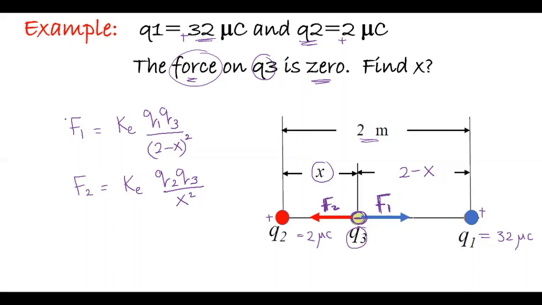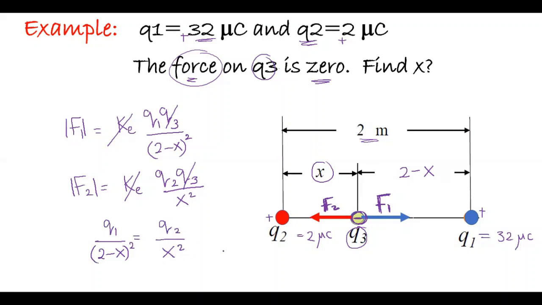So I'm going to say that the magnitude F1 equals the magnitude F2. If the two forces are equal, we can simply cancel KE with KE. We can cancel Q3 with Q3. We end up with Q1 divided by 2 minus x squared equals Q2 divided by x squared. You can solve to get the value of x.